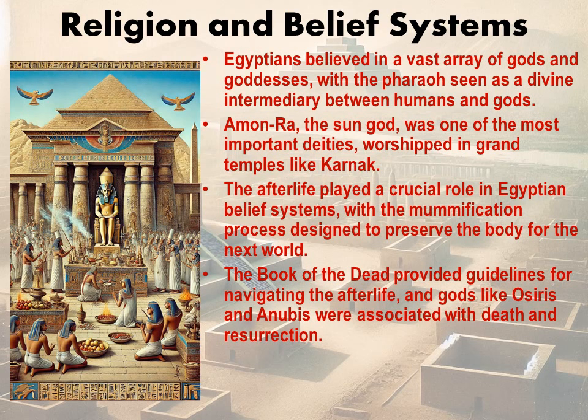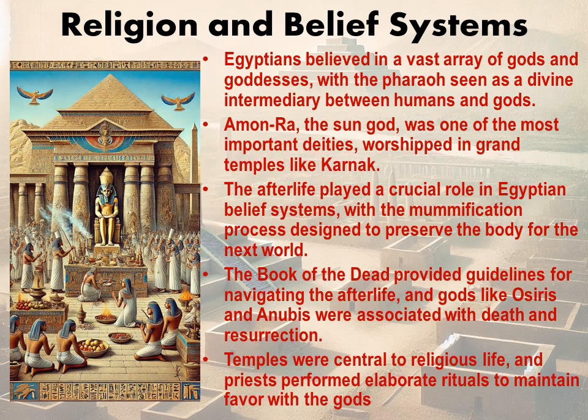And gods like Osiris and Anubis were associated with death and resurrection. Resurrection means becoming alive again after death. So gods like Osiris or Anubis were associated with all these systems. Now, obviously, these systems were not real, but the belief of the Egyptian people was very strong.